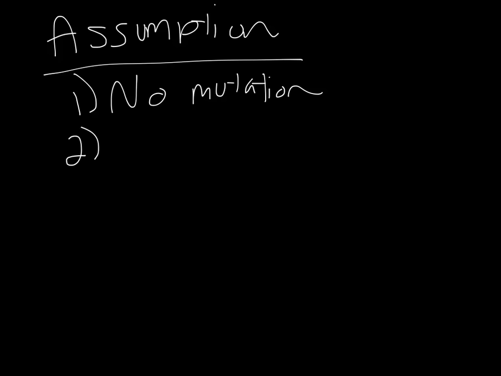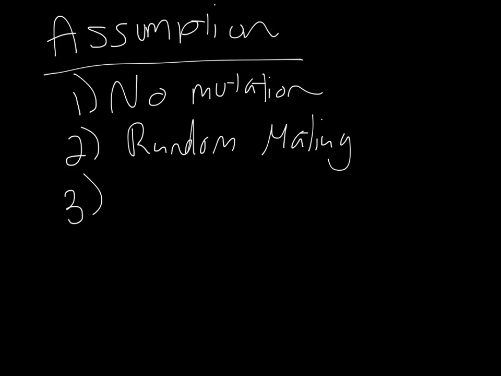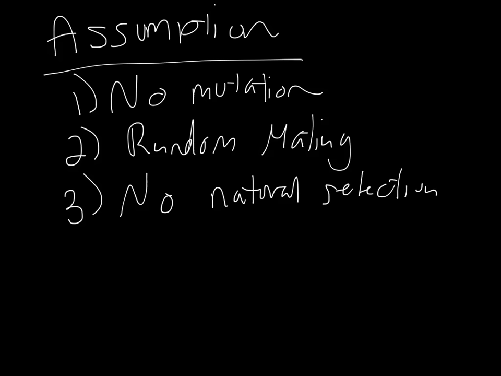You must have random mating. Okay, no natural selection. So in lab, we're going to break that rule. A large enough population size. So you want a pretty large population size so that you do have random mating.